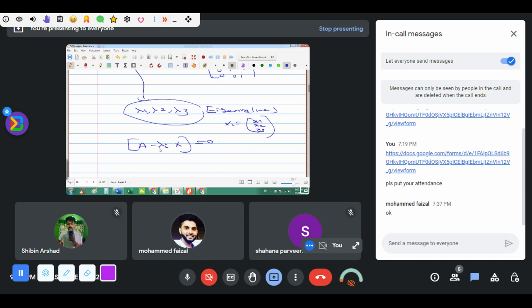You solve those equations and get 3 values. Those 3 values are called an eigenvector. Lambda 1 gives 3 values, lambda 2 also 3 values, and lambda 3 also 3 values. In total there are 3 eigenvectors: the eigenvector corresponding to lambda 1, lambda 2, and lambda 3.